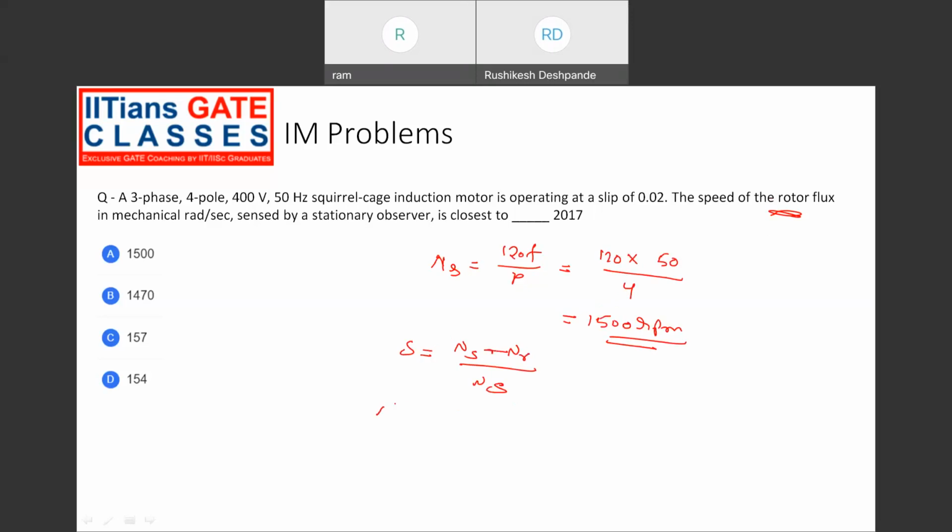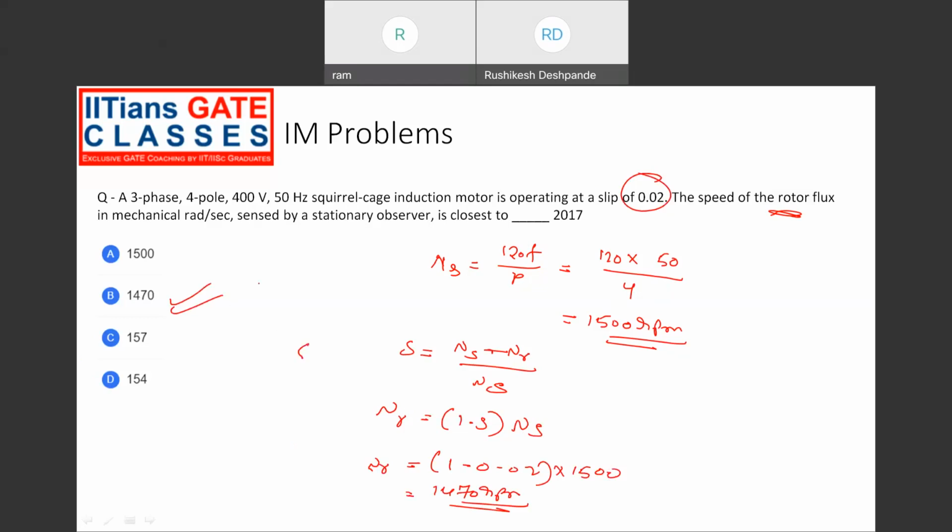So if you solve this equation, we get Nr equal to (1 minus S) into Ns. Slip they have given as 0.02. So Nr equals (1 minus 0.02) into 1500 RPM. So we'll be getting 1470 RPM. So the option is D.